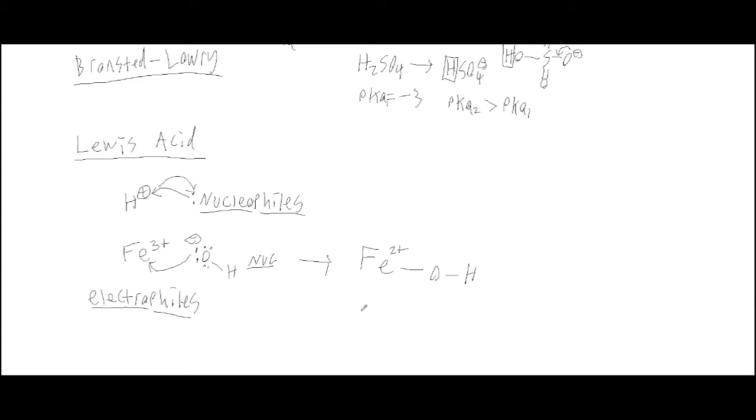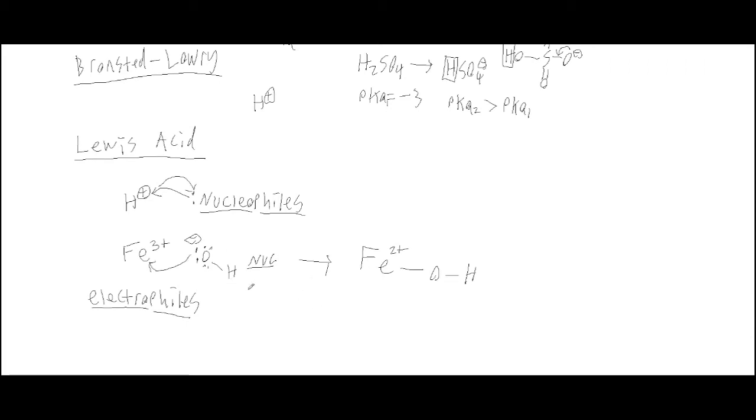And sort of a cheat way that I like to think about it, because the Bronsted-Lowry is a very simple way to conceive of acids. An acid is just something that wants to give up a hydrogen ion, or a hydrogen ion in general is the acid.